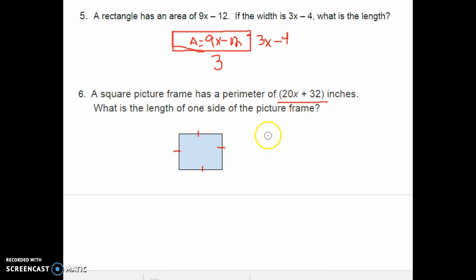It sure does. So let's pull out that 4 because we know we have to multiply by 4. In parentheses, 4 times what is 20x? That's 5x. 4 times what is 32? That's 8. And all we did was factor it ourselves. Very nice.